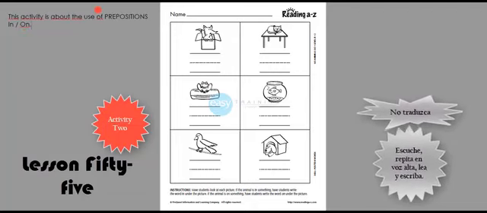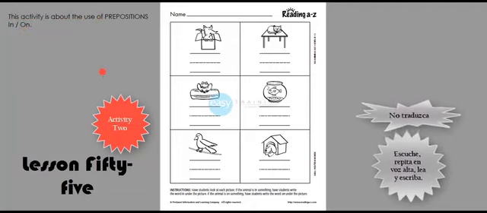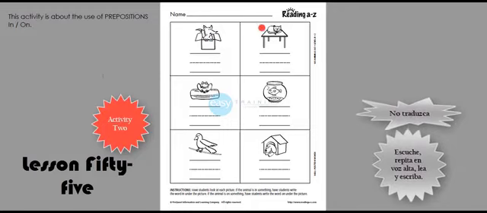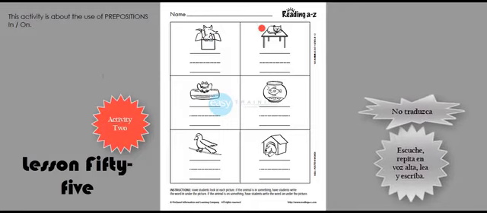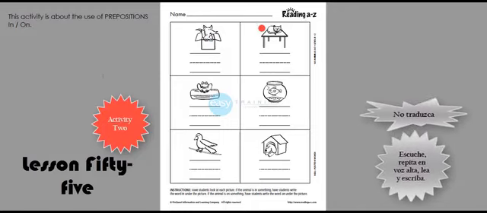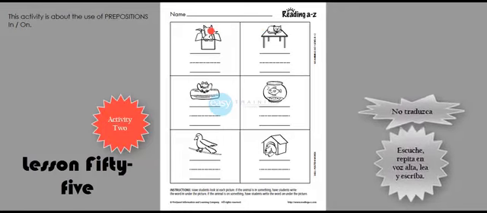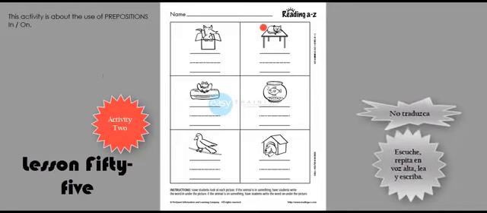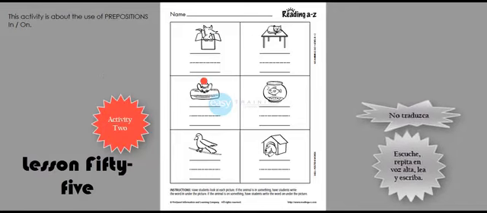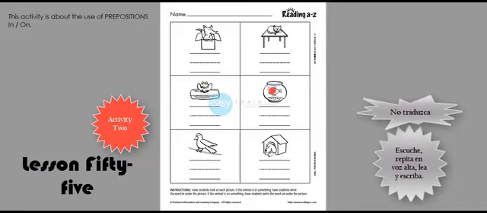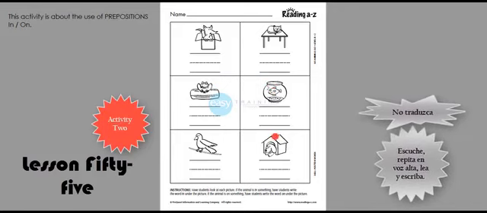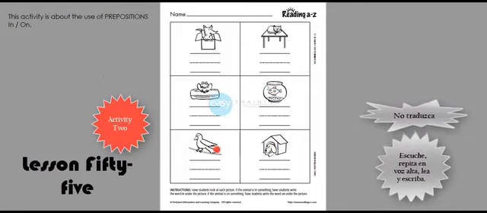In and on. You see some pictures, and in each picture there is an animal. Here is a fox. This is a cat. This is a frog. This is a fish. This is a dog. And this is a bird.